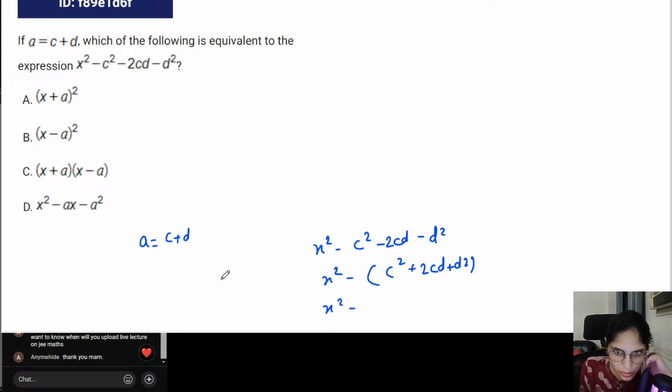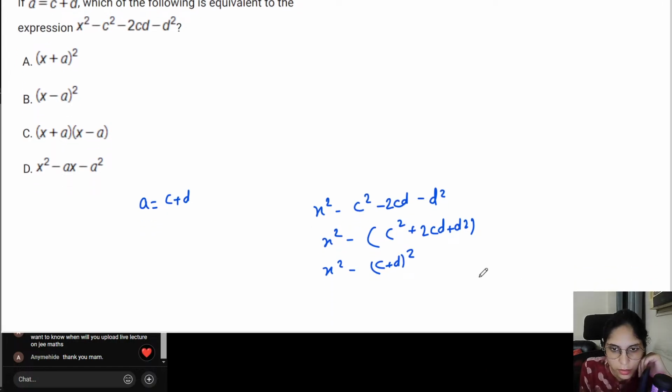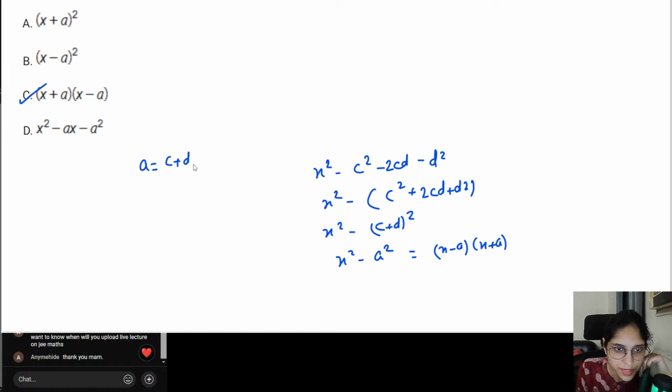X squared minus a squared because this is c plus d whole squared. And this will be x minus a times x plus a. Okay. So this is my answer. Because we have c plus d, I am seeing c squared, 2cd, d squared, so it will be c plus d whole square. So I take negative outside, I get it. And then c plus d is just a, so c plus d whole square is a square, and then a squared minus b squared, we are applying that formula.